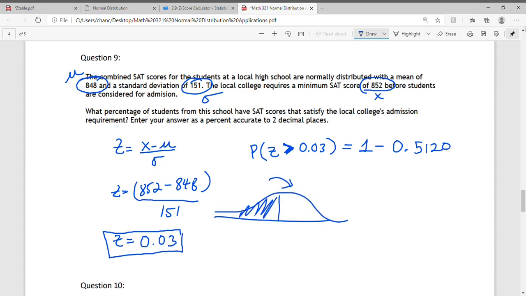We want the area to the right, so we'll have to subtract from 1. And so the percentage or the number is 0.488, which is equivalent to 48.8%. So this school is going to accept about 48.8% of those that took the SAT exam.